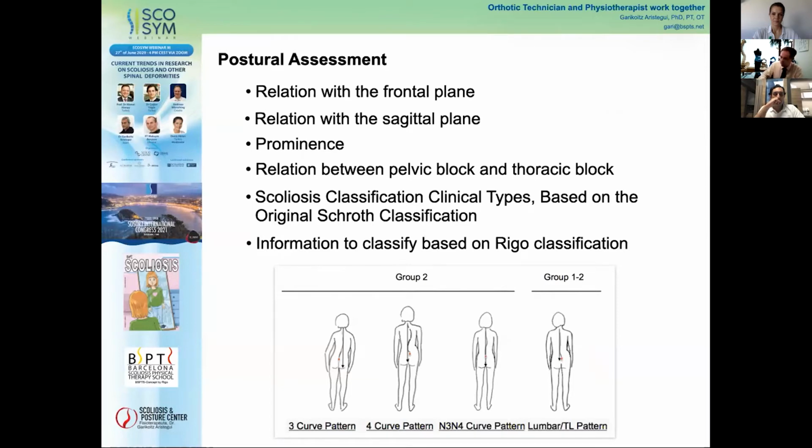We are going to find different prominences. We are going to speak about the relation between the pelvic block and the thoracic block. Also, we are going to use the original Rigo classification based on the blocks. And at the end, we are going to use all of this information to classify based on the Rigo classification.